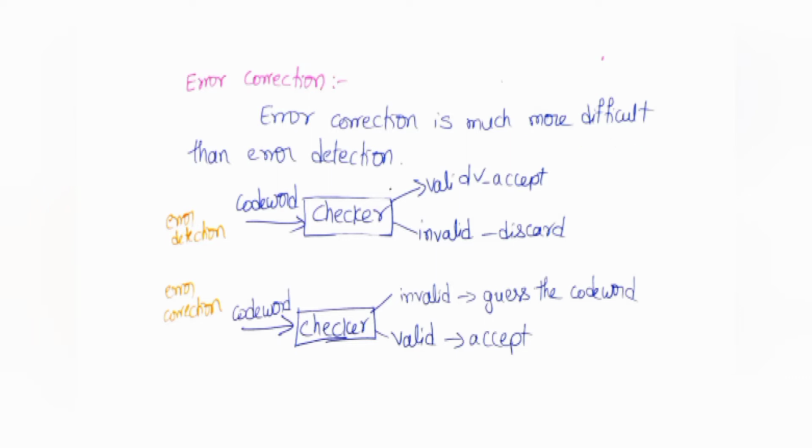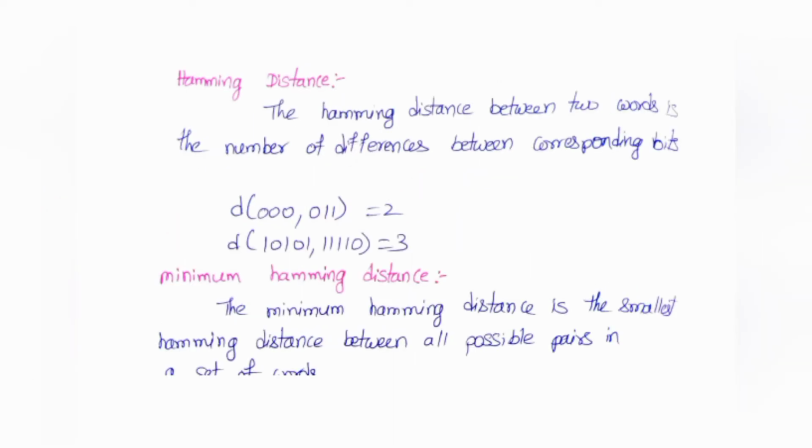Now we will correct the errors here using the Hamming distance. The Hamming distance between two words is the number of differences between the corresponding bits. We know the even and odd parity, right? Similarly here, the Hamming distance between two words is the number of differences between the corresponding bits.